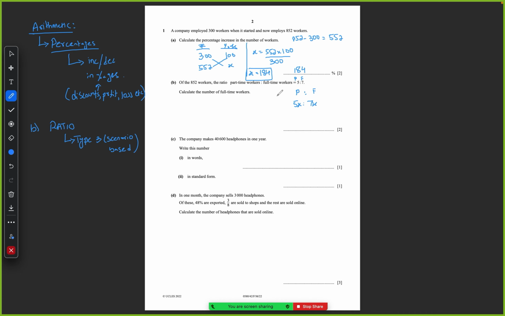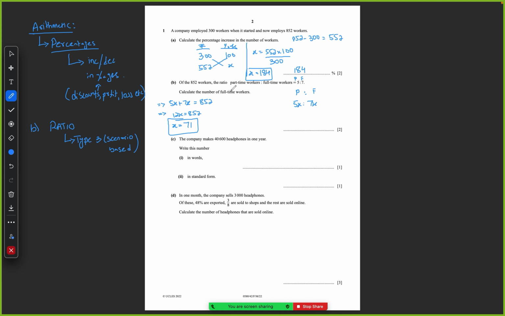It says the total workers were 852. That means 5x plus 7x, which was the original amount, is equivalent to 852. Let's find out the number with which they were both simplified. So 12x equals 852, and x is equivalent to 852 divided by 12, which is 71.